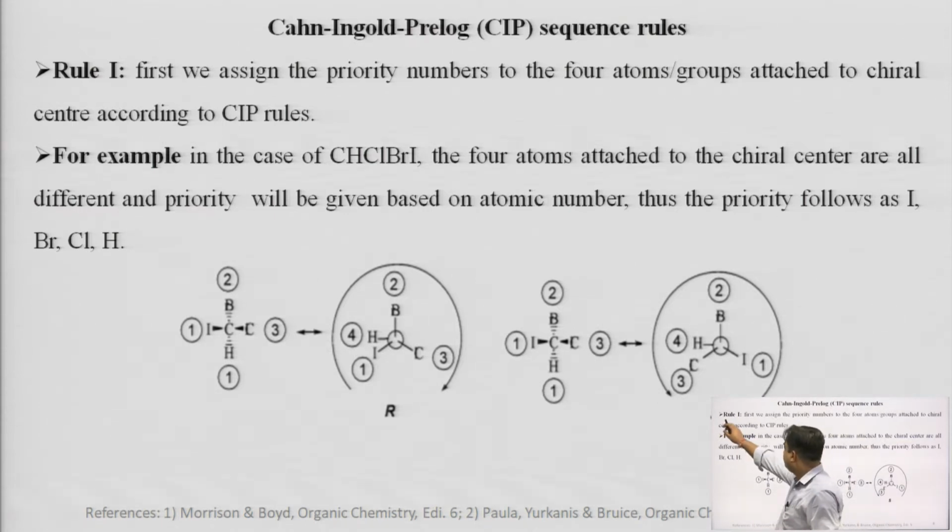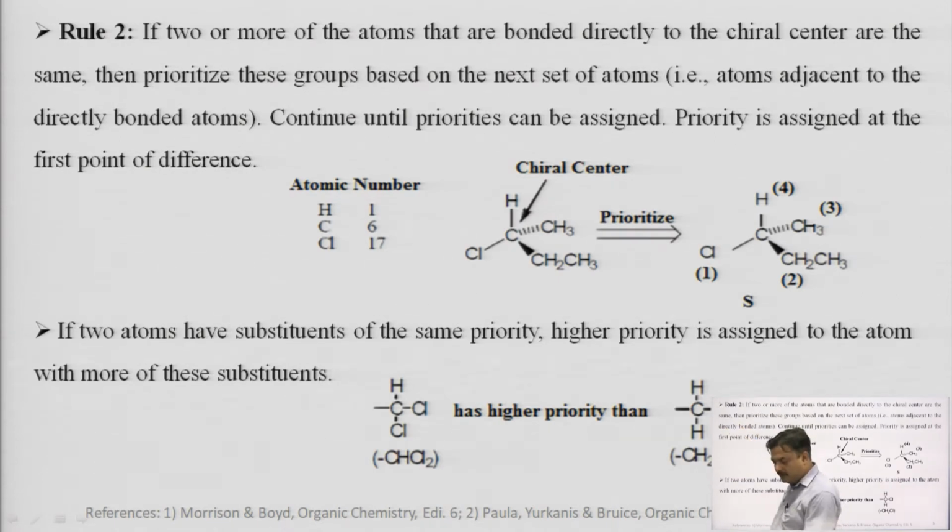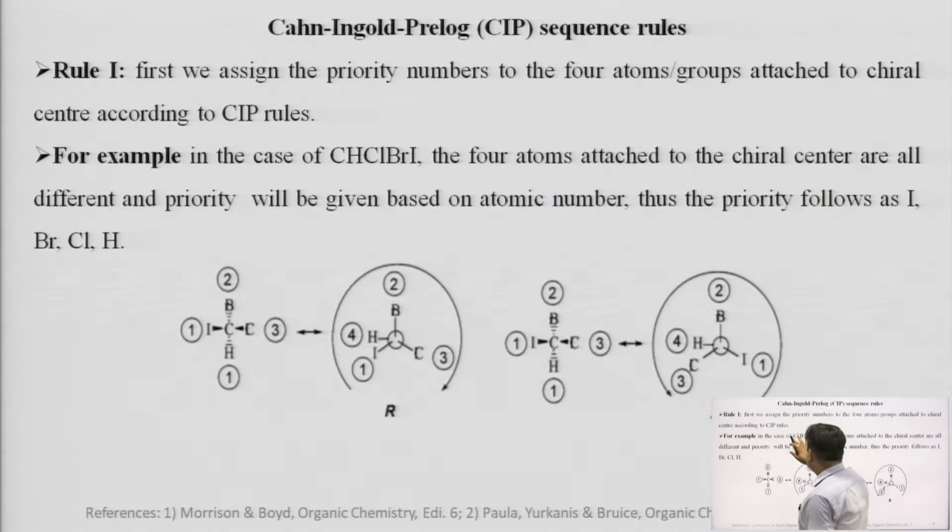First of all, rule 1. Rule 1 of the sequence rule states that we have to give priority to the attached groups or atoms on the central chiral carbon. Those atoms will be given priority on the basis of their atomic number. So, as you can see in the examples, we are having a molecule.